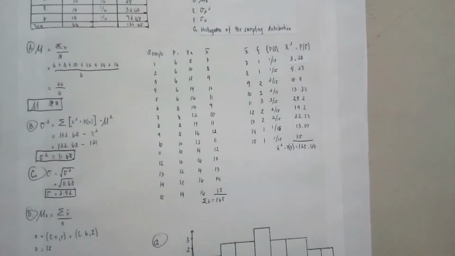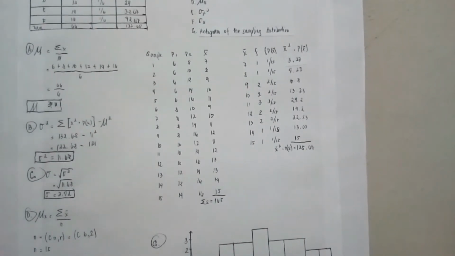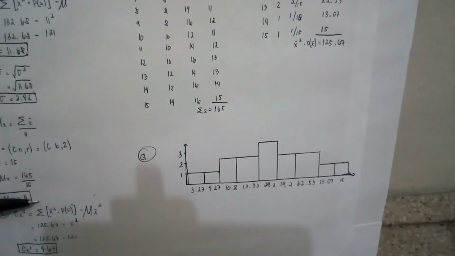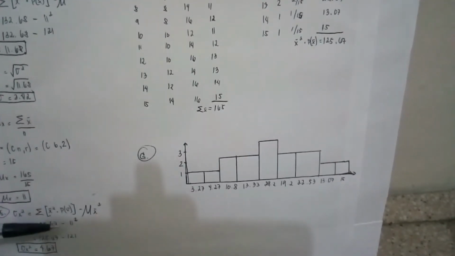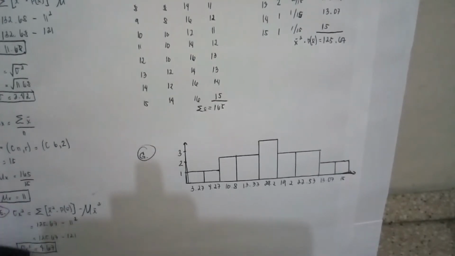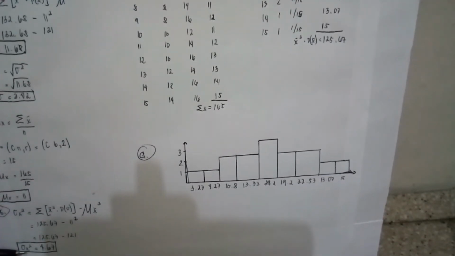Then, i-distribute na natin siya dito. 125.67 minus 11 squared. 11 squared equals 121. So, ang total is 4.67. Ito na yung value ng variance of the sampling distribution.